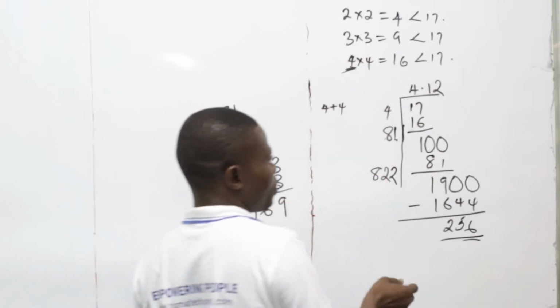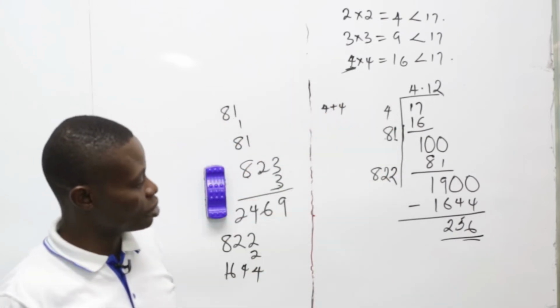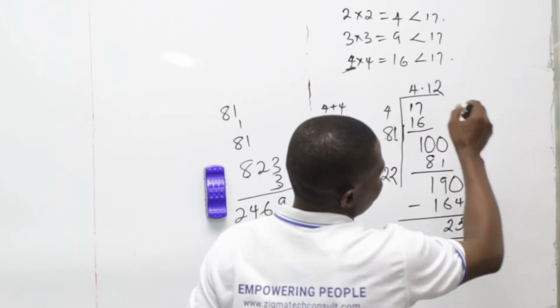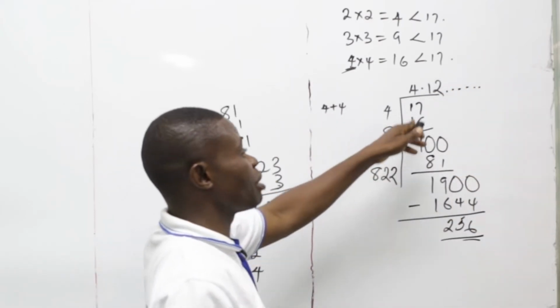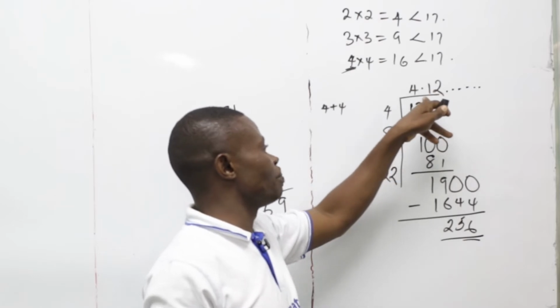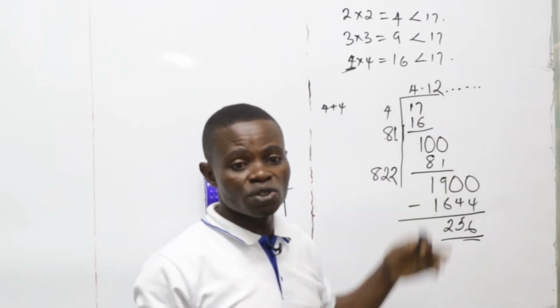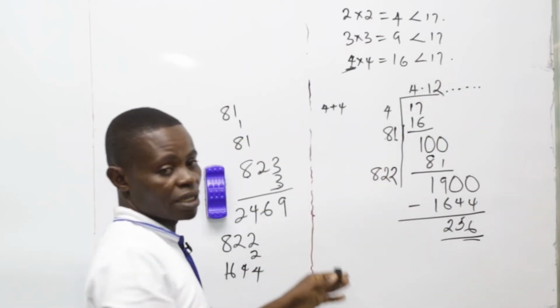You can stop. If you're in exam condition, you can check the options. You must see 4.12 something something because other numbers are still left. But if you check the first decimal number, the first number after the decimal point is 1. It cannot approximate. You check the second one is 2. It cannot approximate. Meaning just pause, trace and check the answer.